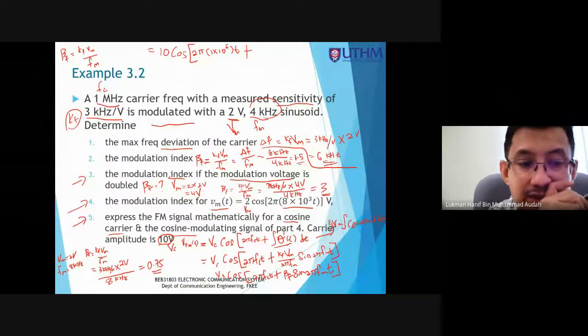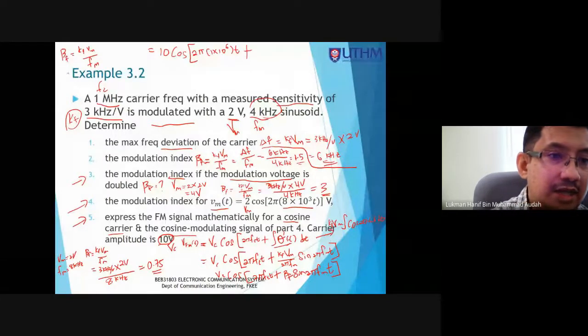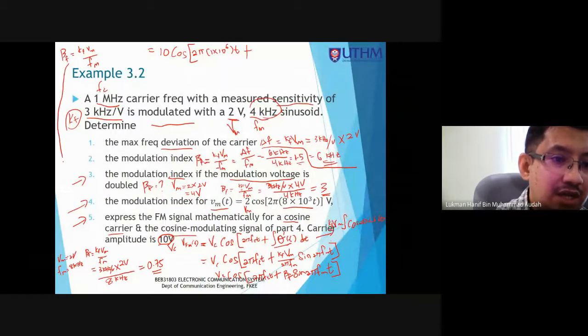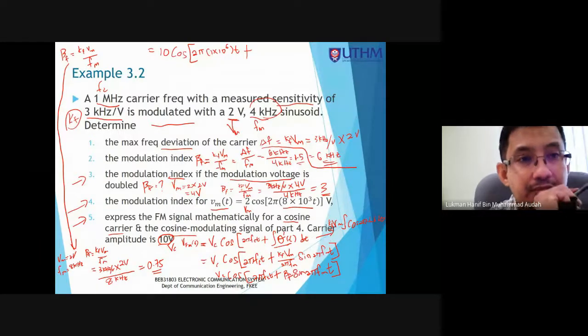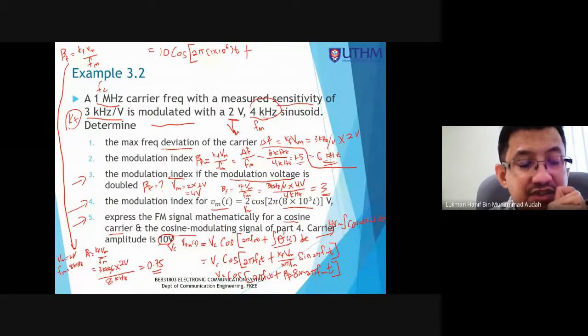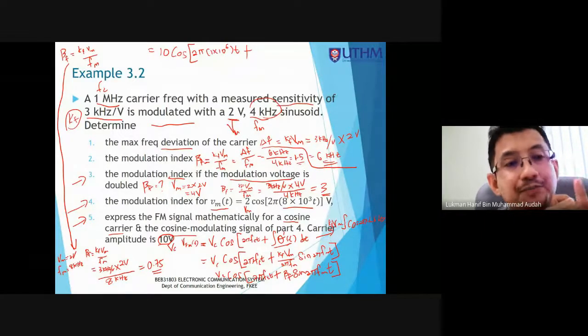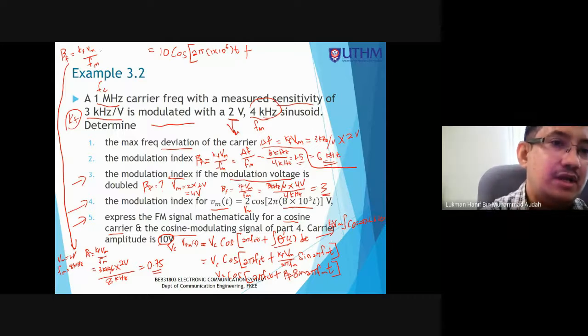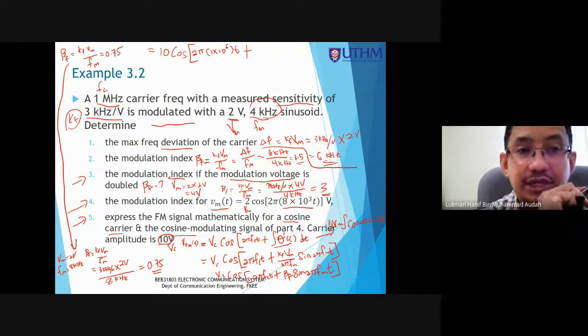Kita dah kira berdasarkan soalan nombor 4, where Kf is 3 kHz per volt, Vm is given as 2 volt, Fm is given as 8 kHz. Kita dah dapat dia bersamaan dengan 0.75 in question number 4. So therefore, here is 0.75.